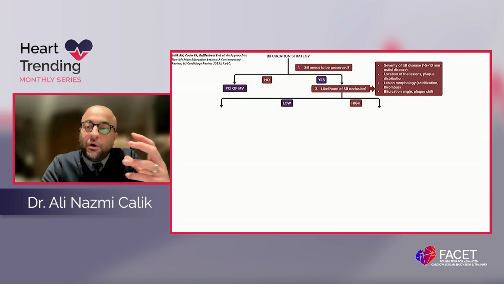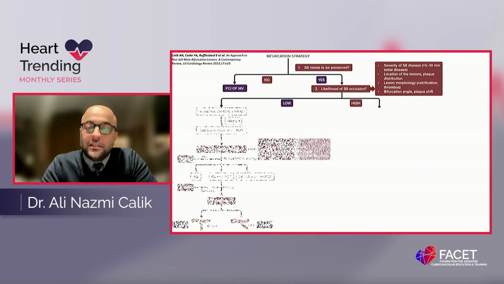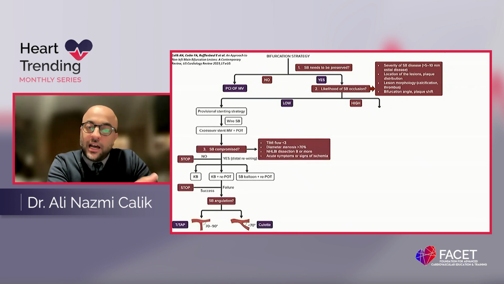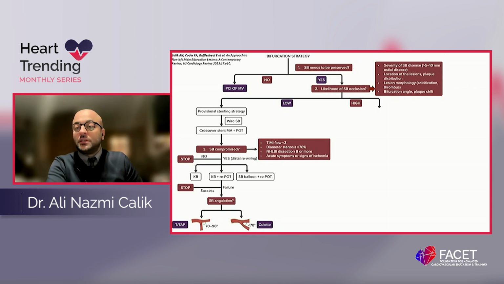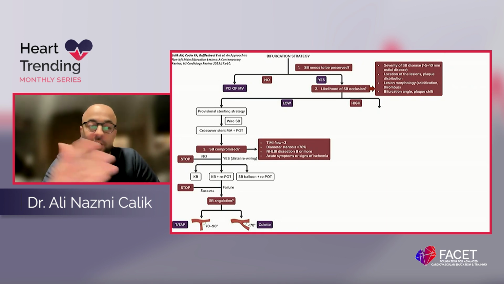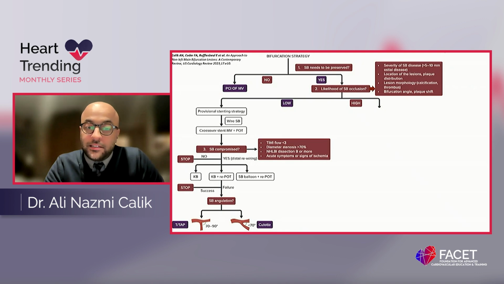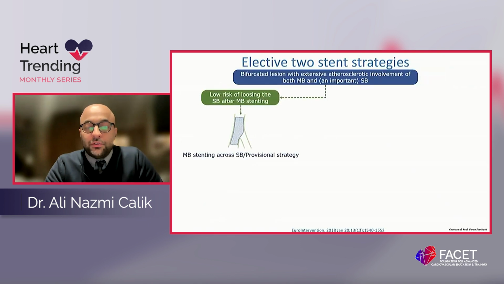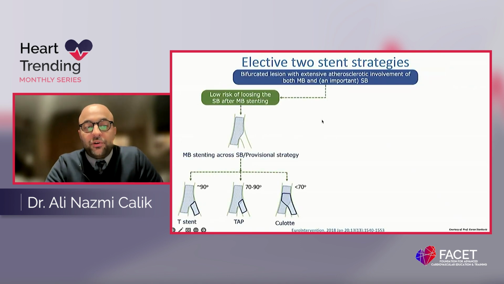After considering all these parameters, if we feel that the likelihood of side branch occlusion is low, we are going to move on to the provisional side branch strategy, which we are going to discuss in detail in the next slides. In this provisional strategy, we first put our first stent across the side branch, and if we are not happy with the result, we can upgrade our strategy according to the angle of the bifurcation.